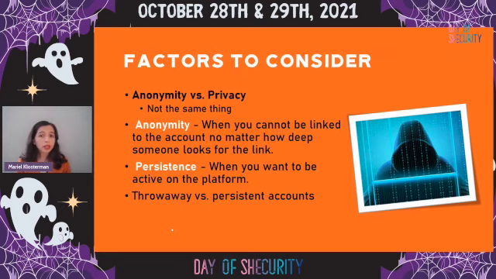Because if you're investigating dangerous criminals, you don't necessarily want that linked back to you. But if you're just looking into a potential candidate, or something less dangerous, then you might not care as much if it's linked back to you.